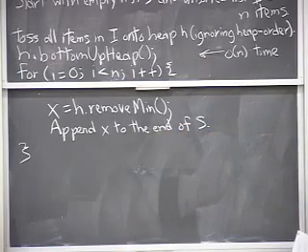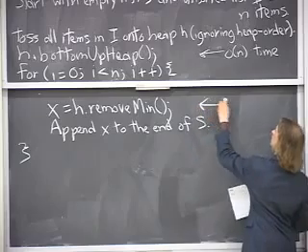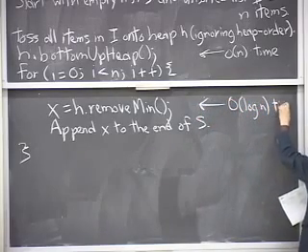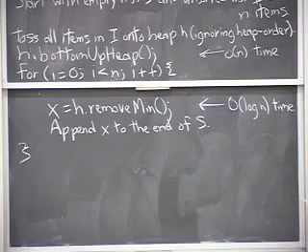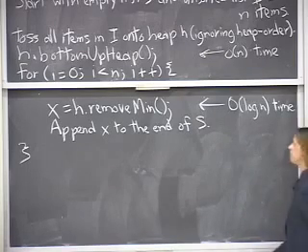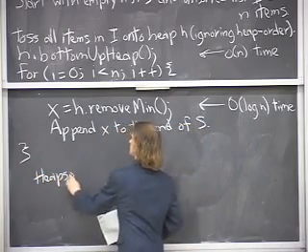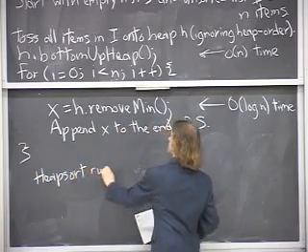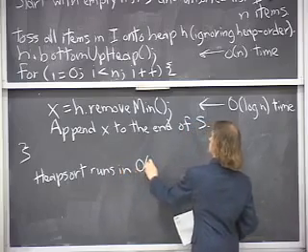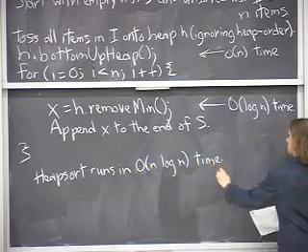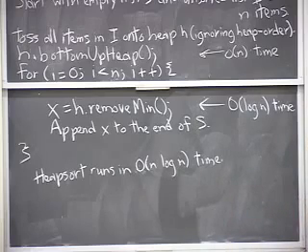Now, the removeMin operation, you'll recall, takes log n time. And so heap sort is a big O of n log n sorting algorithm. Any questions about that?